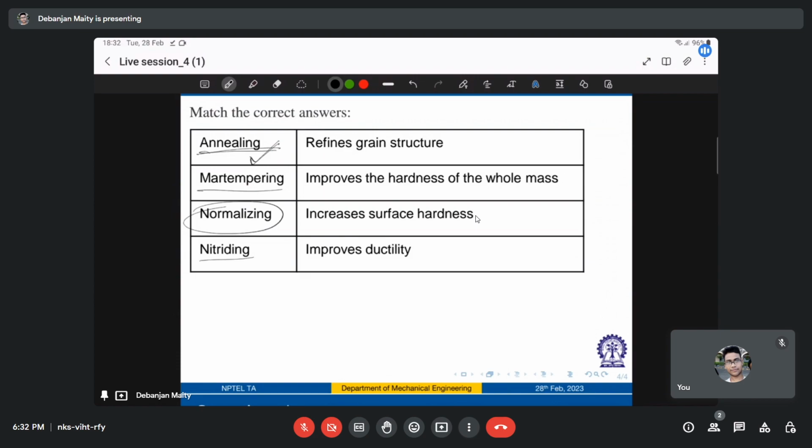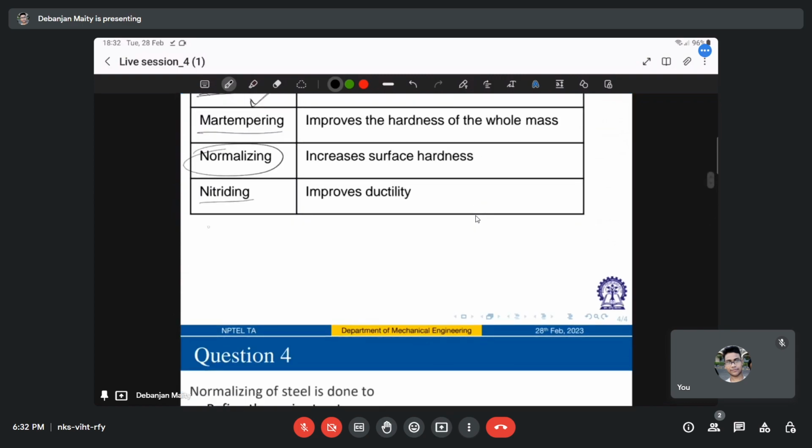Now there are different kinds of annealing process, like full annealing and process annealing. Let me briefly tell what these are. If you see the full annealing process, again the same thing I am repeating: the metal is heated above the upper critical temperature and held there until the temperature of the workpiece is uniform throughout, right?